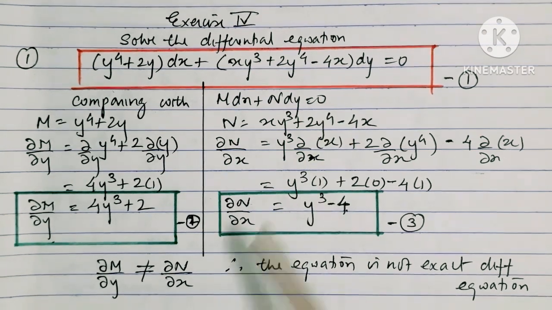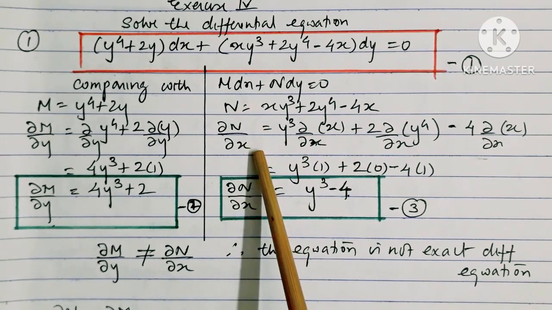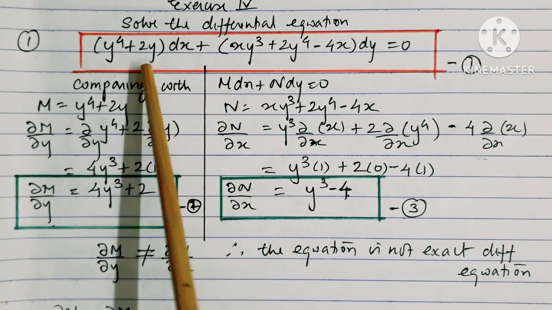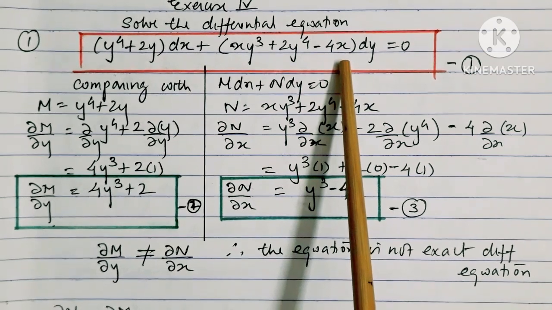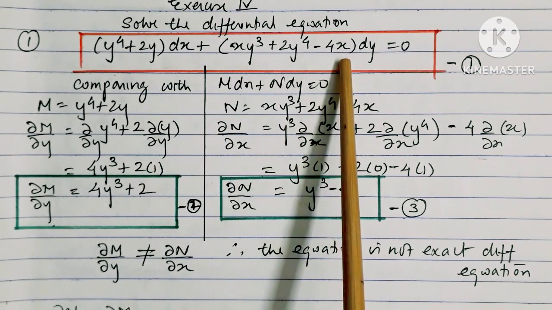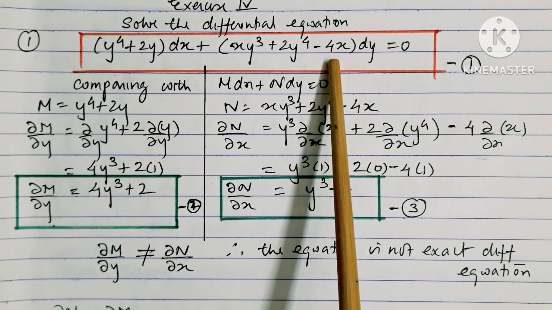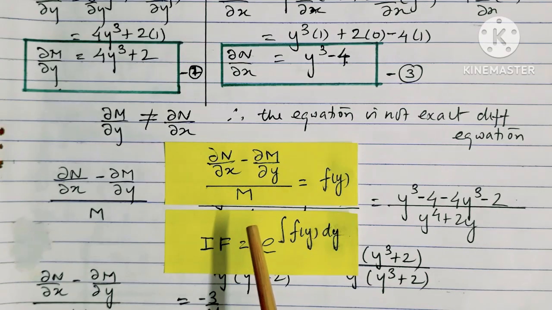Now we will have to find a suitable integrating factor such that when we multiply this given differential equation with the integrating factor, it will reduce to an exact differential equation, and then we will be able to find the solution very easily.